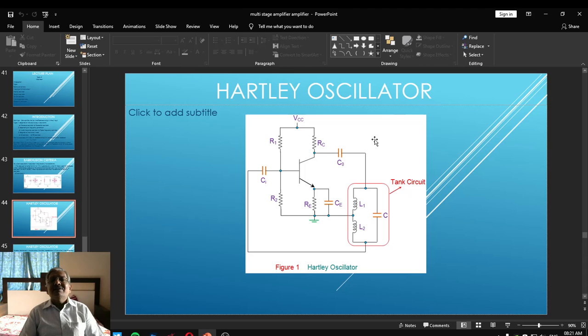Such a Hartley oscillator makes use of a transistor in NPN type, by which emitter is common for input as well as output. In short, we can say the NPN transistor is used in common emitter configuration.